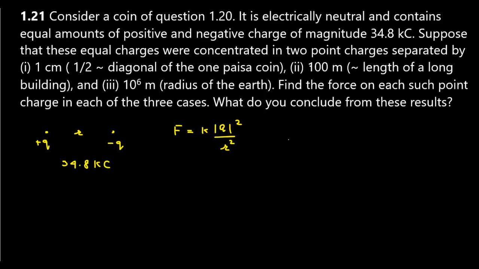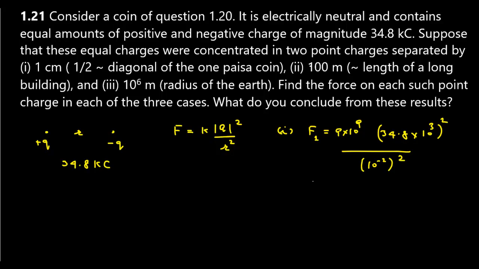So in the first case, this is say F1, we have K, the value of K is 9 into 10⁹, Q is 34.8 into 10⁻³ whole square, divided by the square of separation, that is 1 centimeter, meaning 10⁻² raised to the power 2.